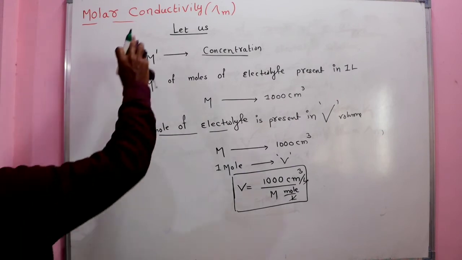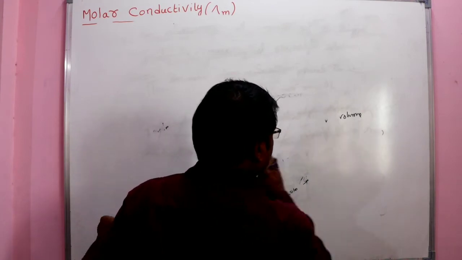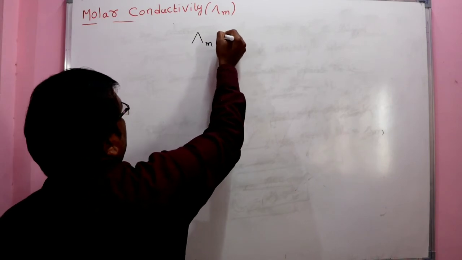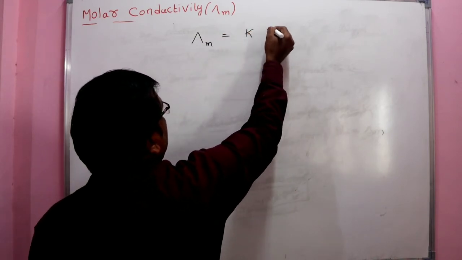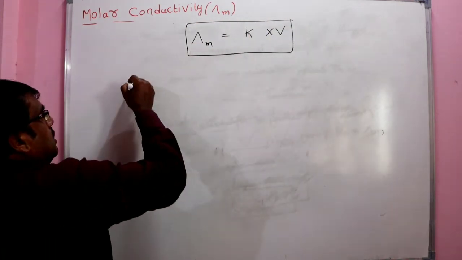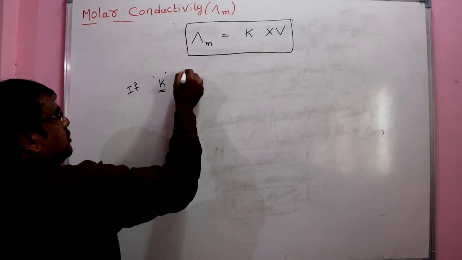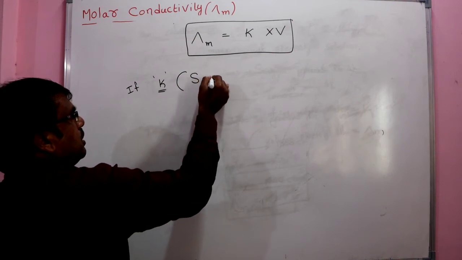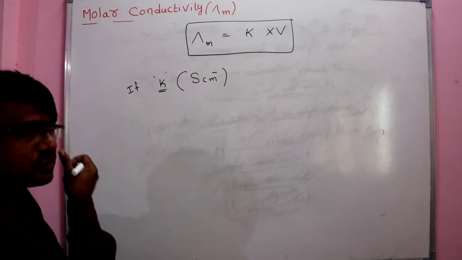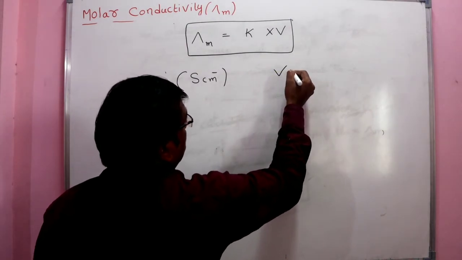Now we have first this formula, lambda M is equal to K into V. If K, conductivity, is expressed in Siemens centimeter inverse, then we have to express volume in centimeter cube.